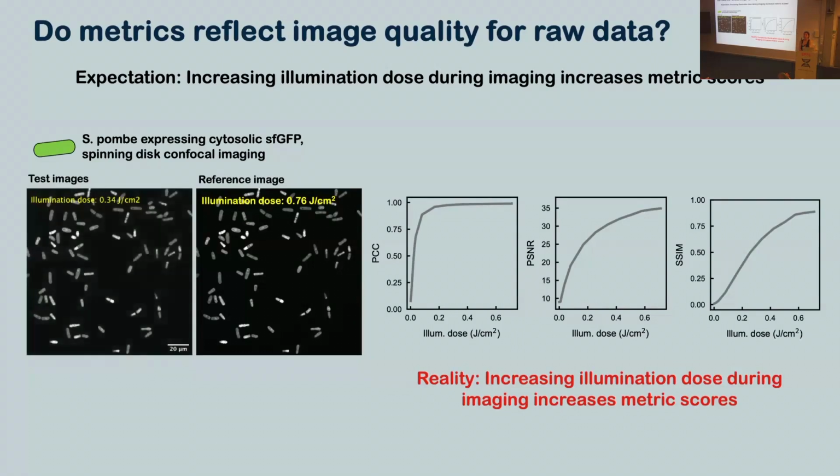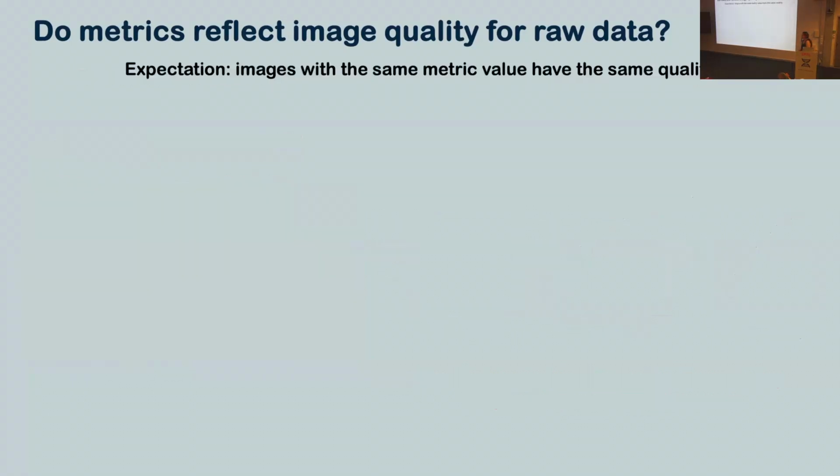All right, what's another expectation we might have? Leading on from this, we might expect that different images with the same quality metric value have the same quality, right? That feels obvious. So let's look at some pairs of images. These are all crops from a bigger image, just to show you the detail.